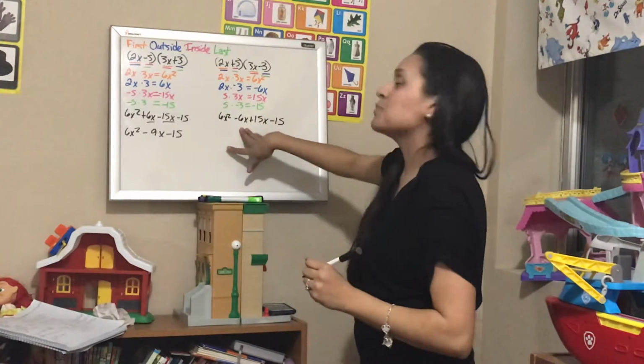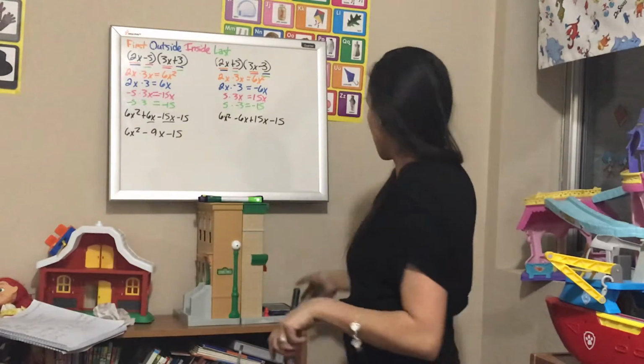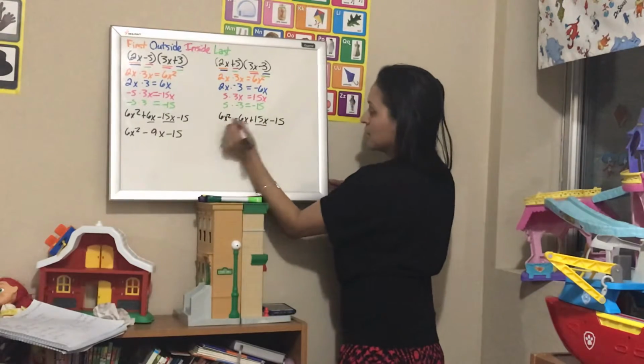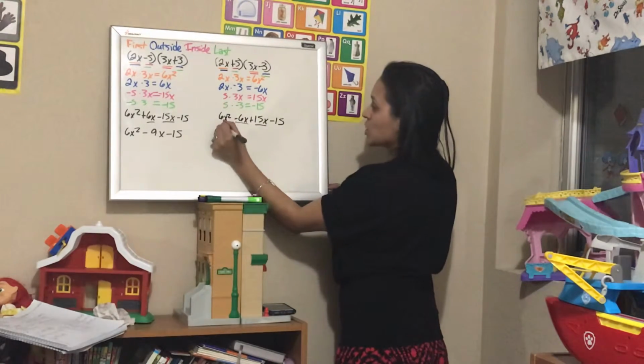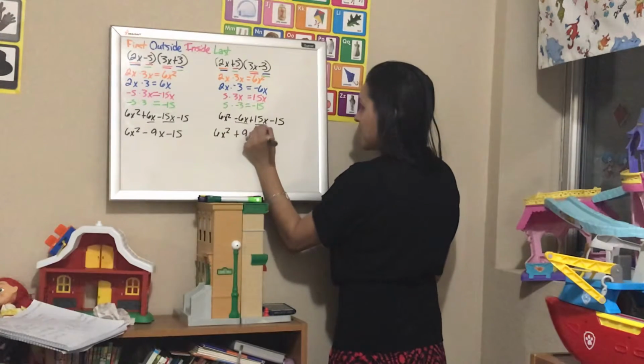Now we're going to simplify again by combining our like terms. We have negative 6x and positive 15x. It's going to give us 6x squared plus 9x minus 15.